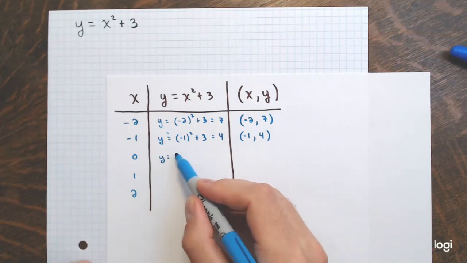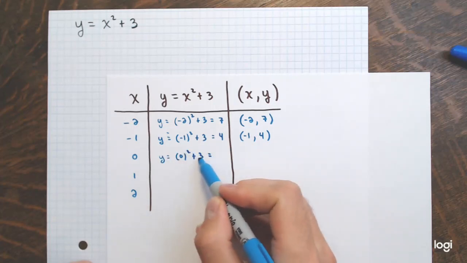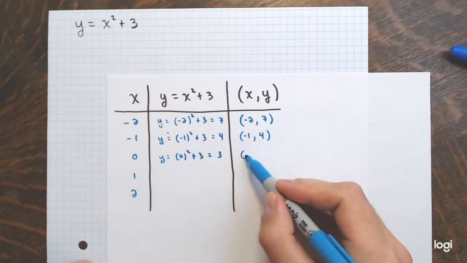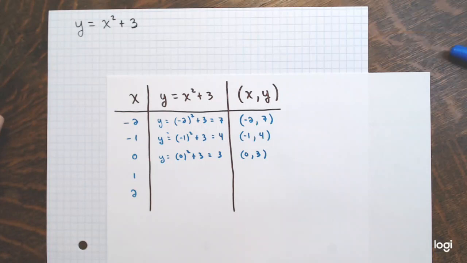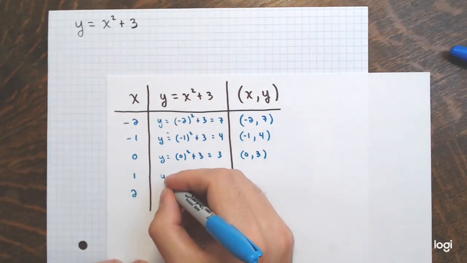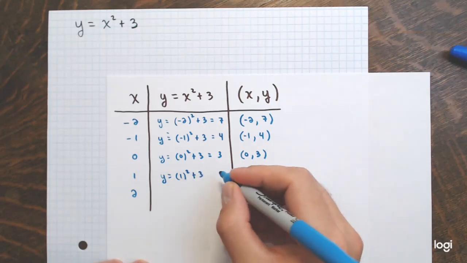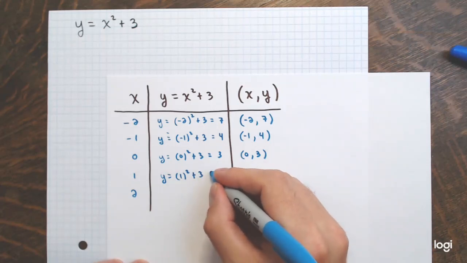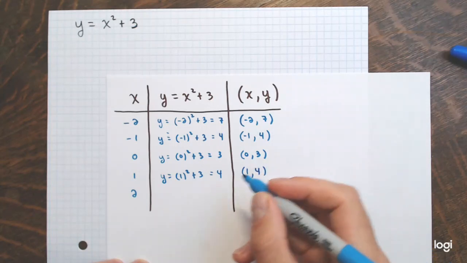When x equals 0, you've got 0 squared and then plus 3. Well, that says 0 plus 3, or 3. So the ordered pair has x coordinate 0, y coordinate 3. Y equals 1 squared plus 3. Well, 1 squared is just 1 times 1, and then plus 3 is 4. So 1 for x coordinate, 4 for y coordinate.